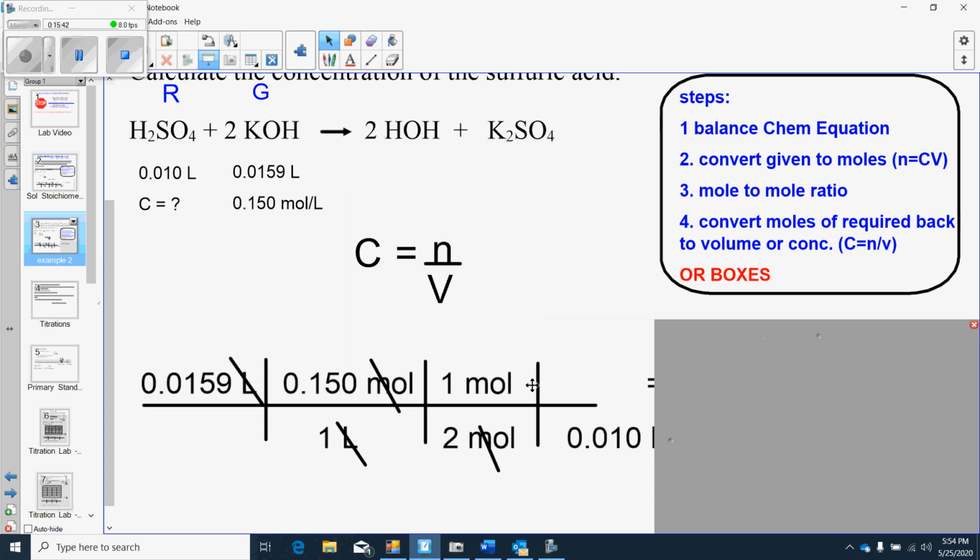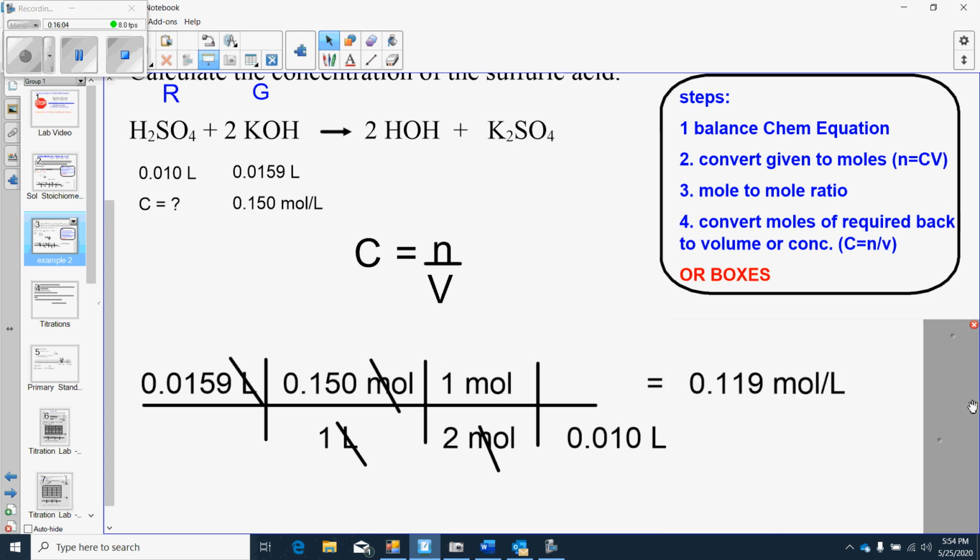We kind of sometimes leave this top blank. We're always putting our information on the bottom. But the reason why is because of that ratio, okay? Moles over volume. So we calculate this out. We multiply our top numbers, get a total, hit the divide button, open up a bracket, get a total for the bottom in that bracket, and then hit your equal sign. And we get our moles per liter.